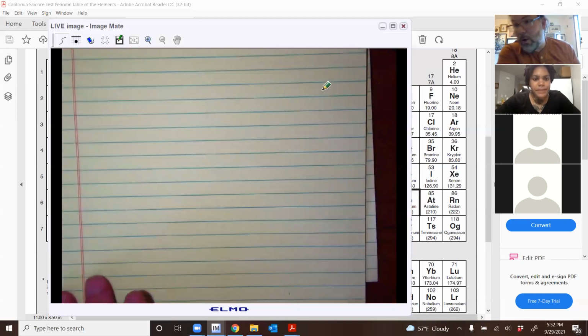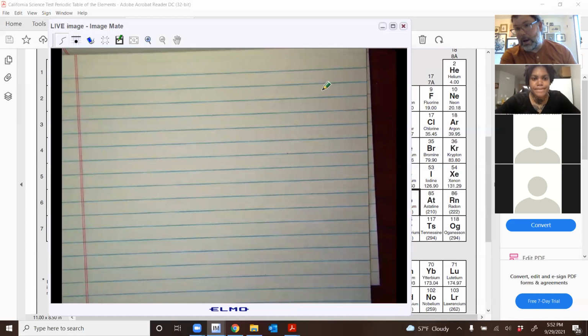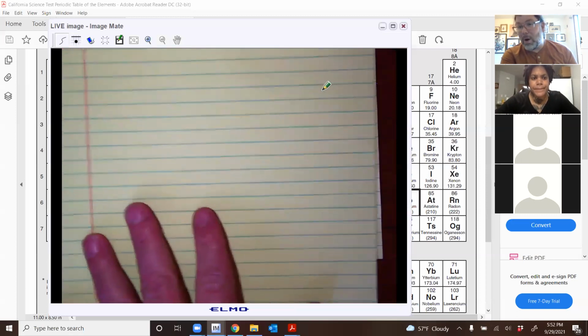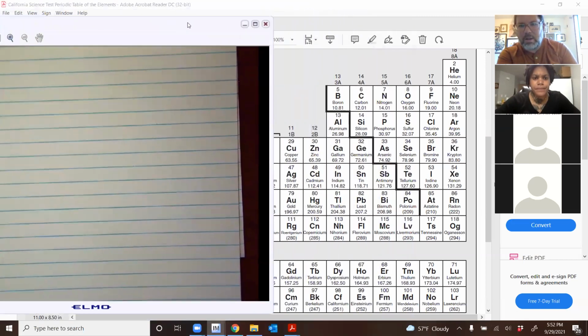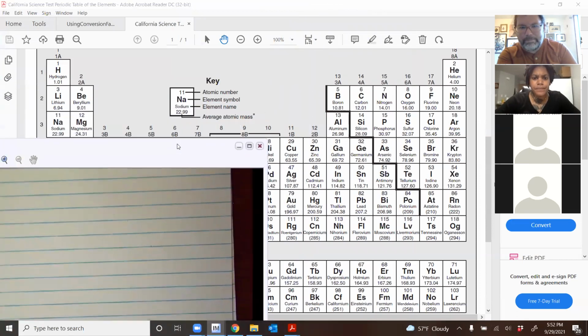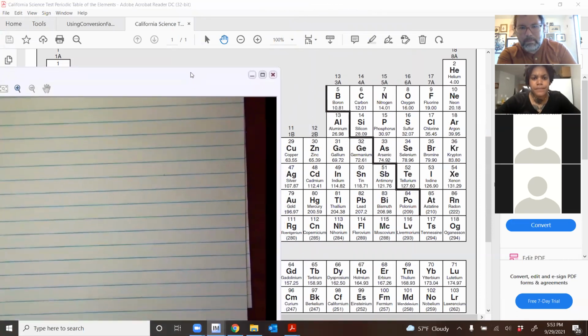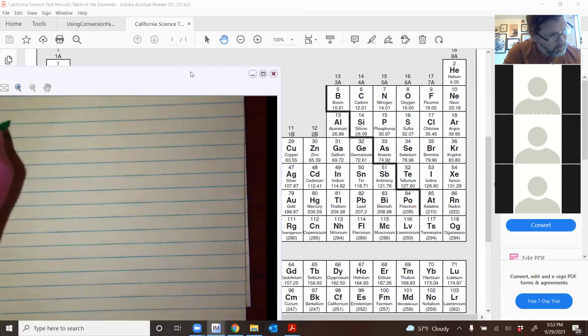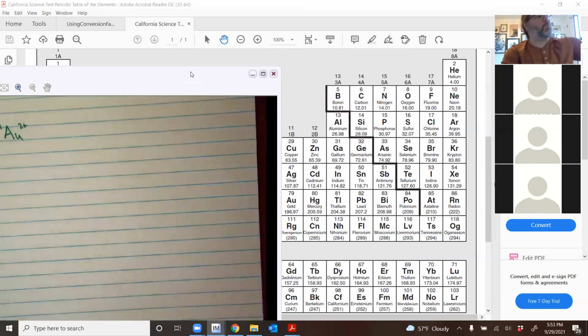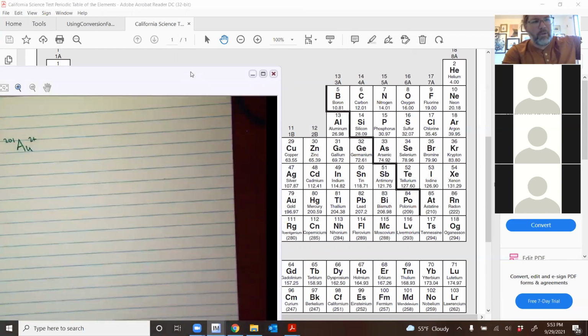All right, before we move on and start talking about more sophisticated models of the atom, I want to do one more example of an isotope so that we make sure that we understand that notation for isotopes. So let's take a look at this particular atom of gold.